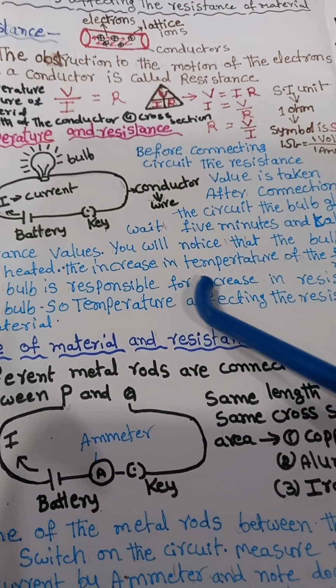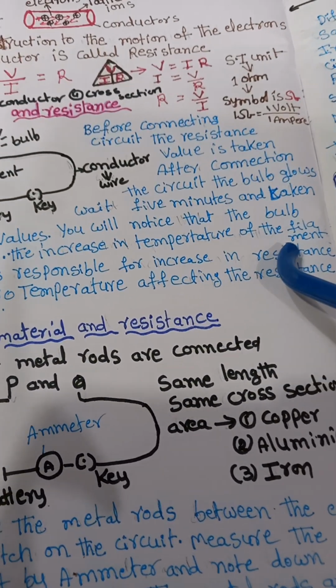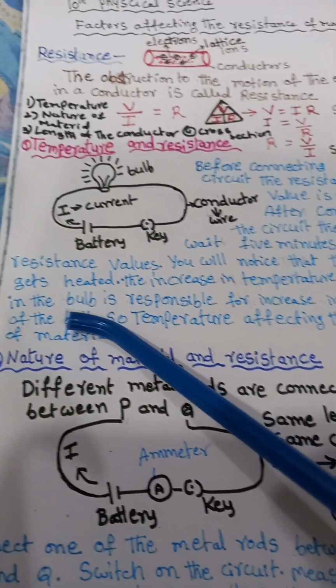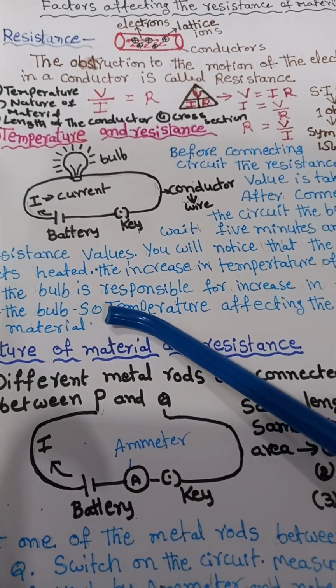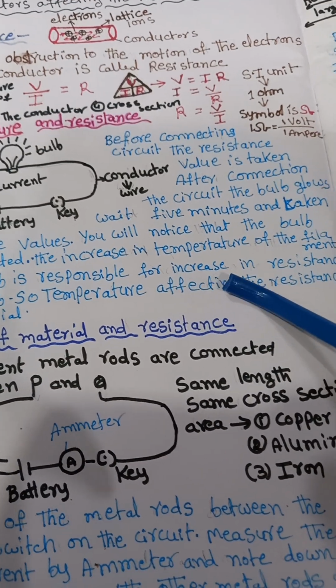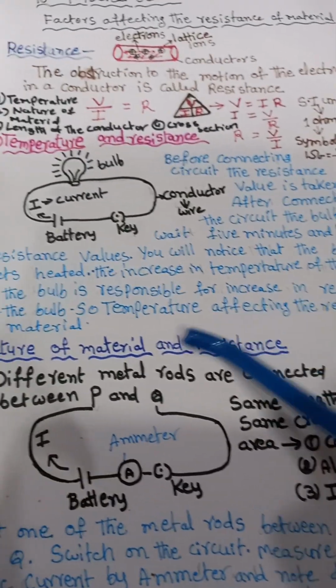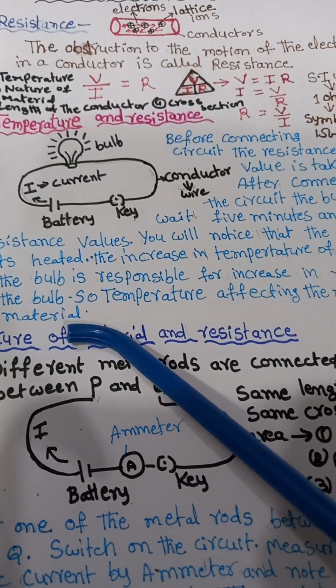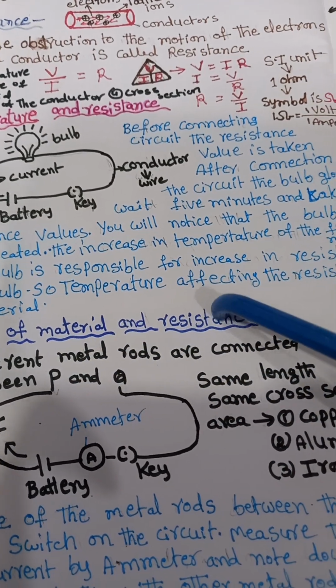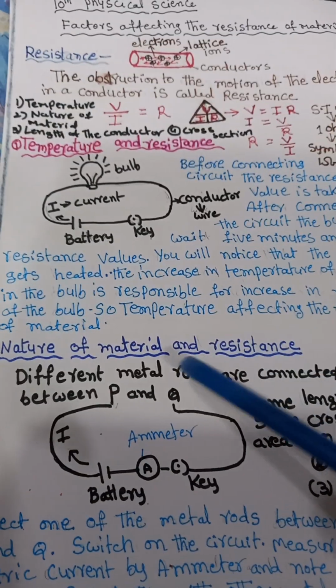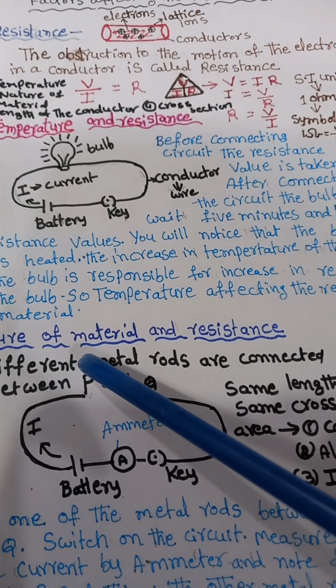The increase in temperature of the filament in the bulb is responsible for the increase in resistance of the bulb. So temperature affects the resistance of material.